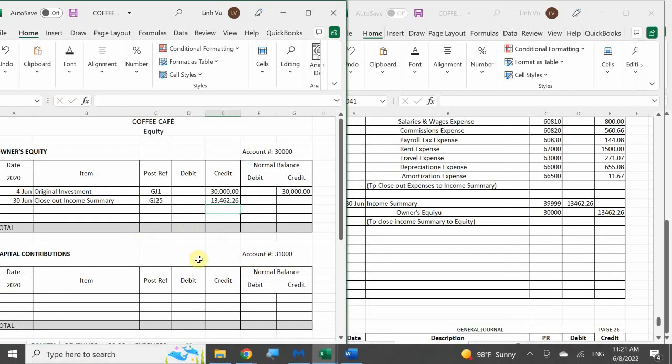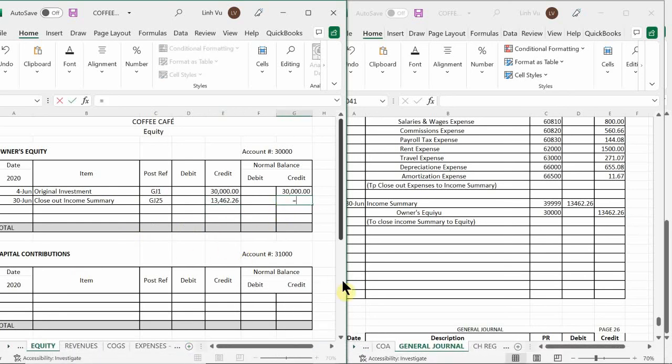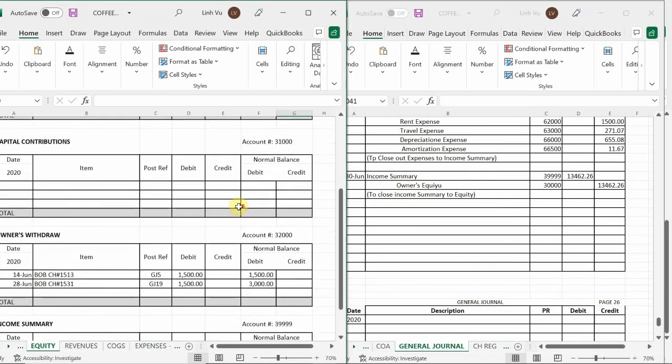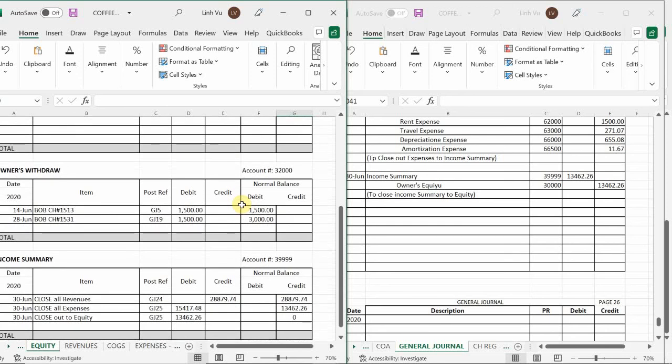So that should have increased your equity to a total of $43,462.26.